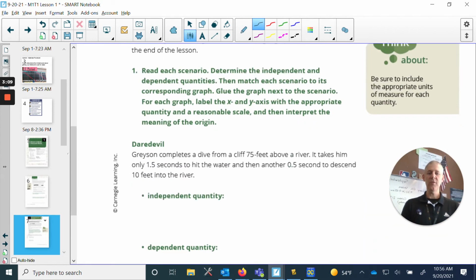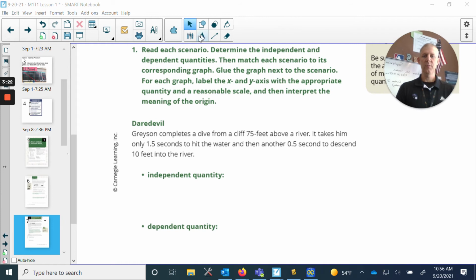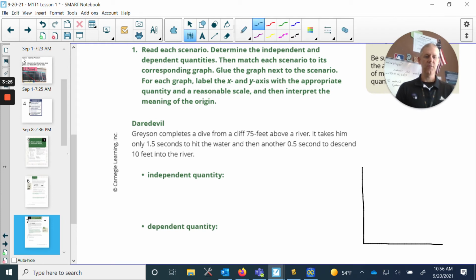The first day we went through the first scenario or 2, where Grayson's completing a dive from a cliff 75 feet above the water. We drew an XY axis, and we just worked in the first quadrant. So our XY axis looked kind of like this.